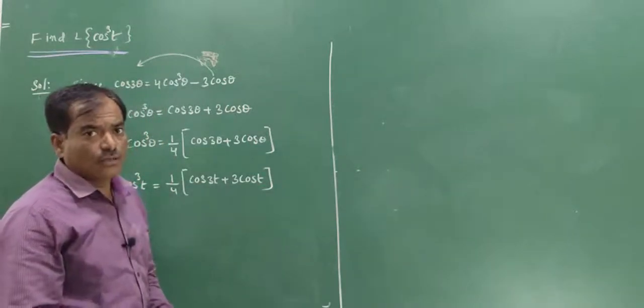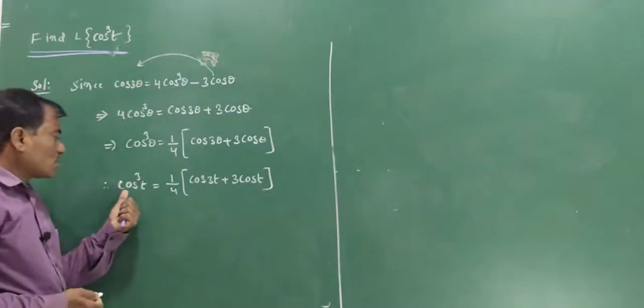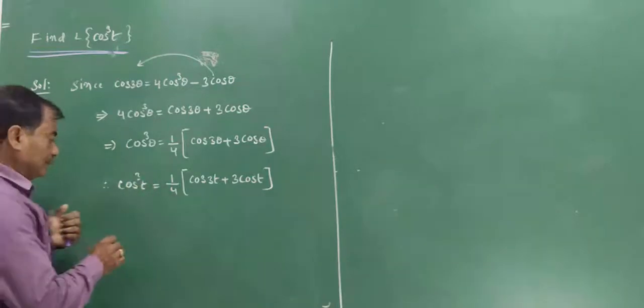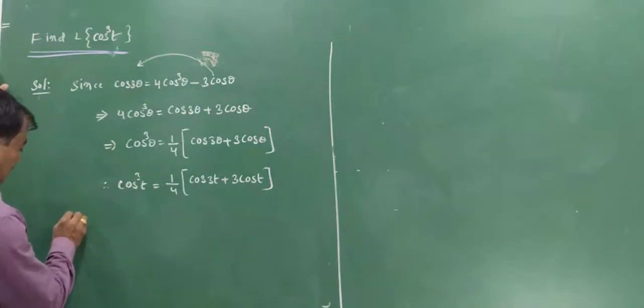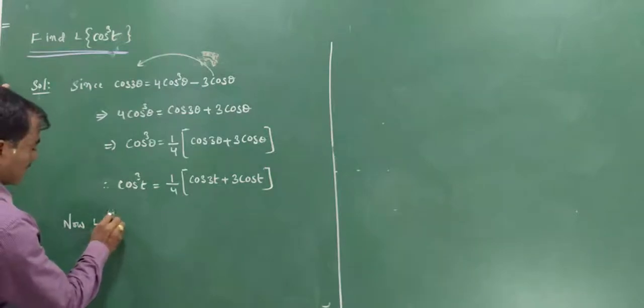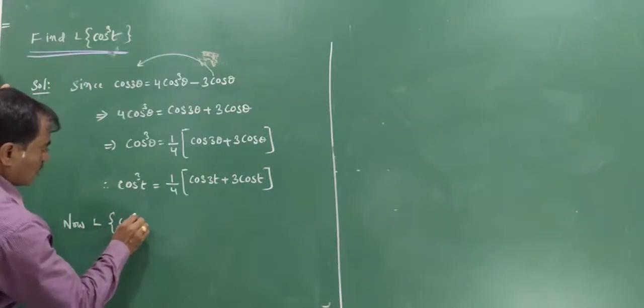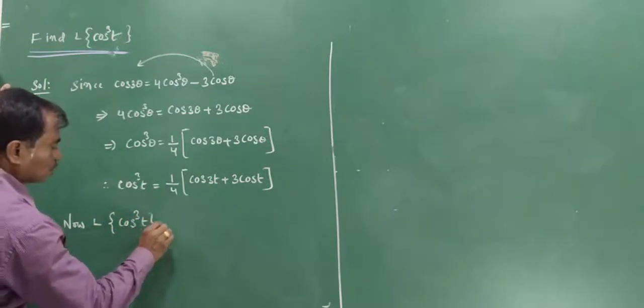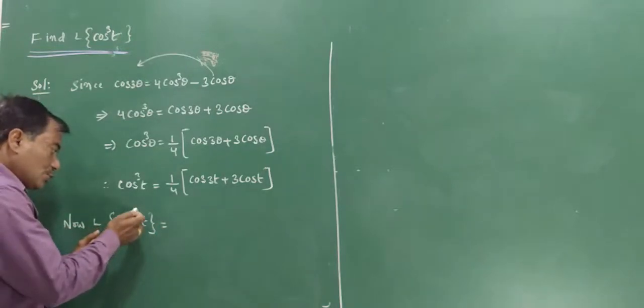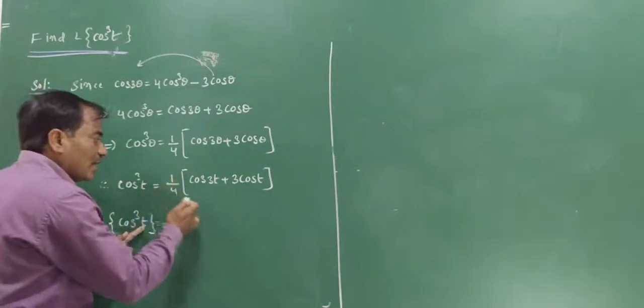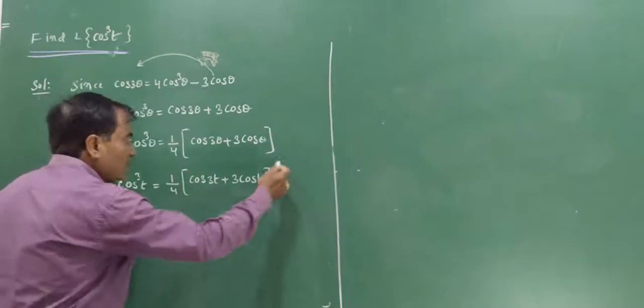Now we have to find out the Laplace transform of cos cube t. So the Laplace transform of cos cube t equals, this cos cube t is replaced by this right hand side value.